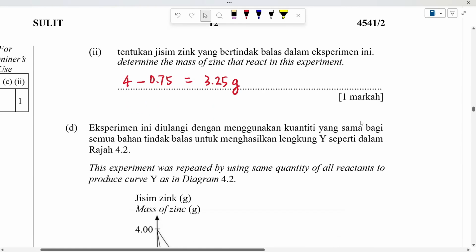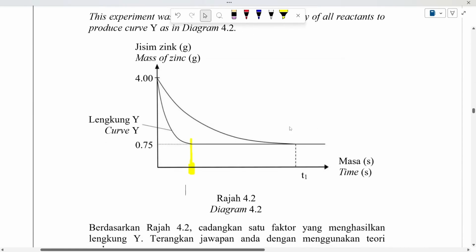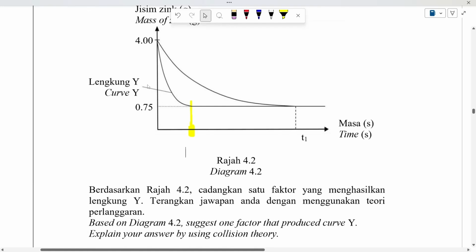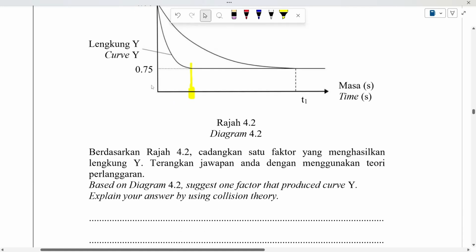If you increase the concentration, then your number of moles will change. If the number of moles changes, the mass of the zinc remaining will be different already. So you have to be very careful. It will change the number of moles actually.